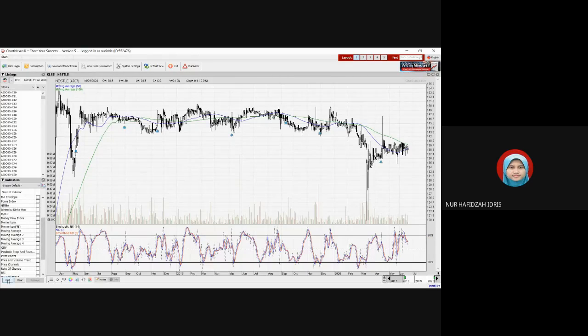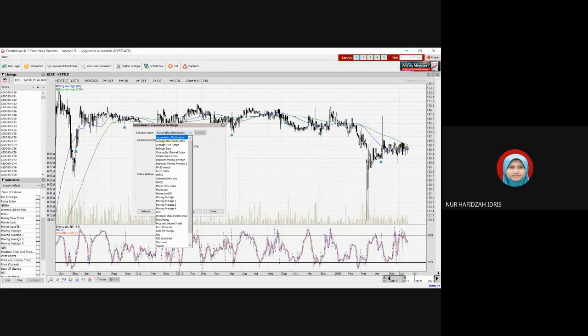So you can edit your line color here. You go to the edit, indicate the name. So kita nak tengok stochastic. So this is K period 14 days. The D period is the D. The lower limit 20, upper limit 80. You can adjust, but normally we use 80 and 20%.